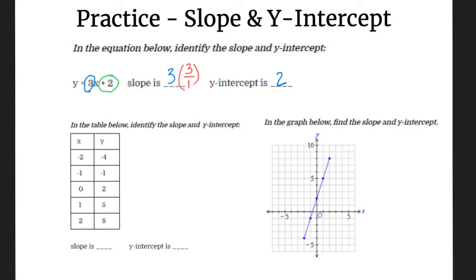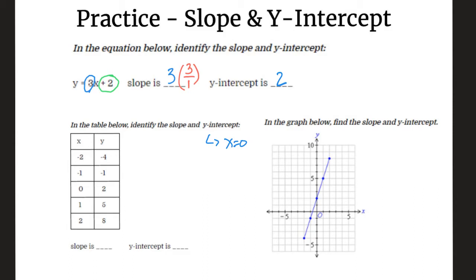Let's go down to this table down here. So we have an x and a y table, and we want to identify the slope and the y-intercept. Well, the y-intercept is going to be really easy to identify, so let's do that first. We know that the y-intercept is wherever x is equal to 0.